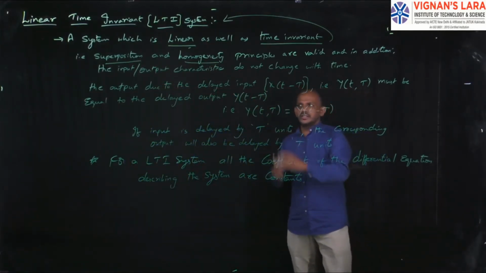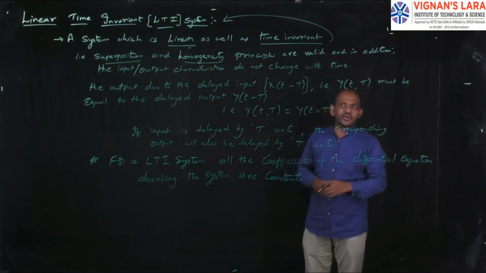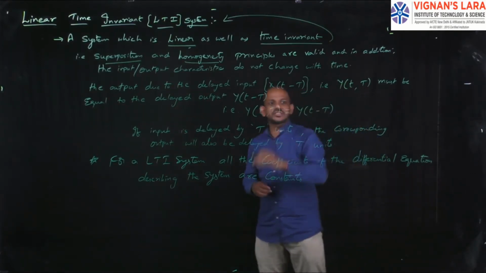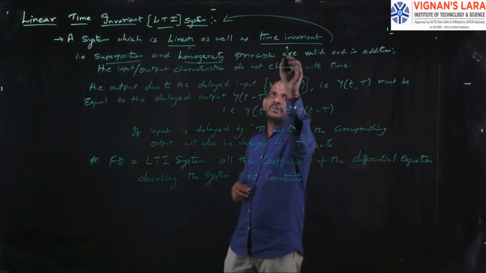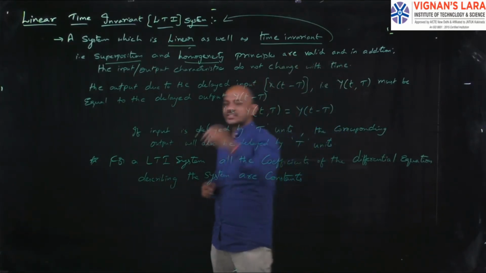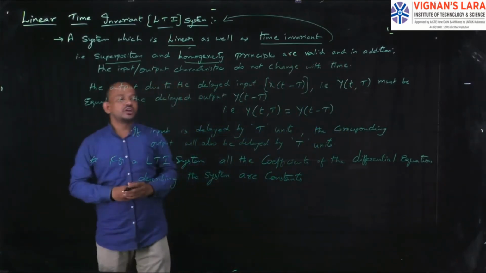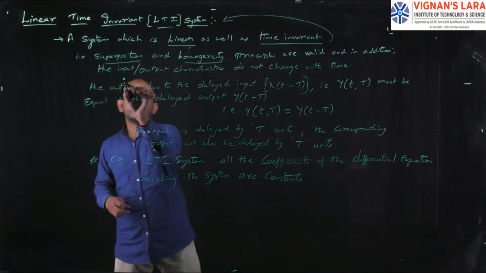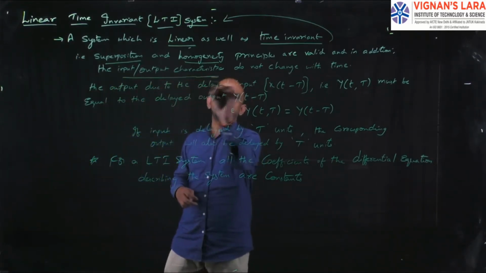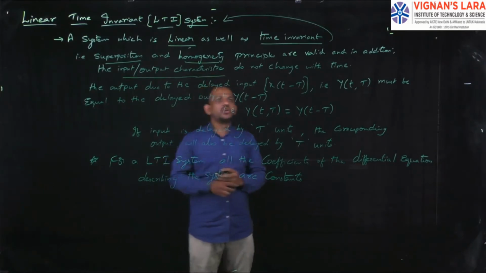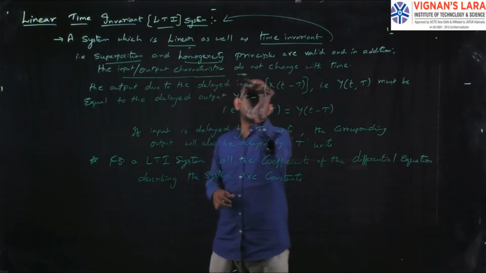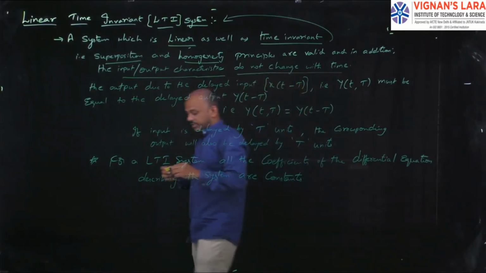That means the superposition and homogeneity principles are valid. In addition to that, it has to satisfy time invariance. For time invariance, the input and output characteristics do not change with time.